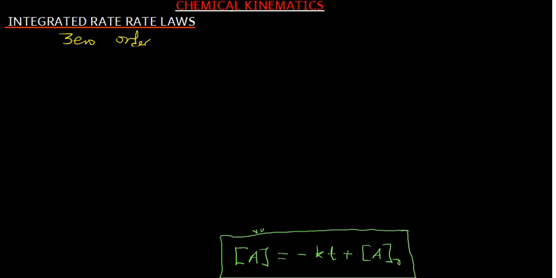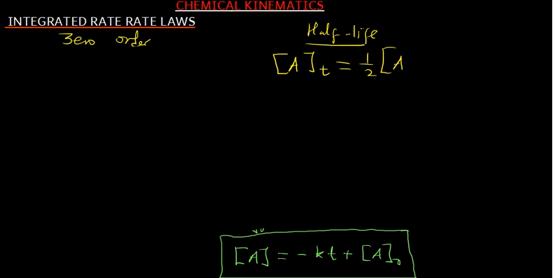That is what is called half-life. And so the half-life for a zero order reaction: we are saying the concentration at a certain time, if it is equal to half of the initial concentration, that time taken is what we refer to as half-life.